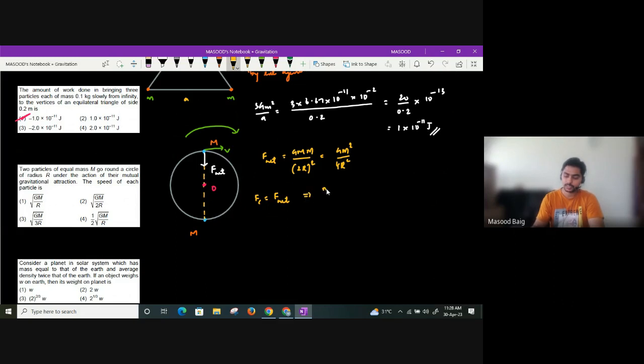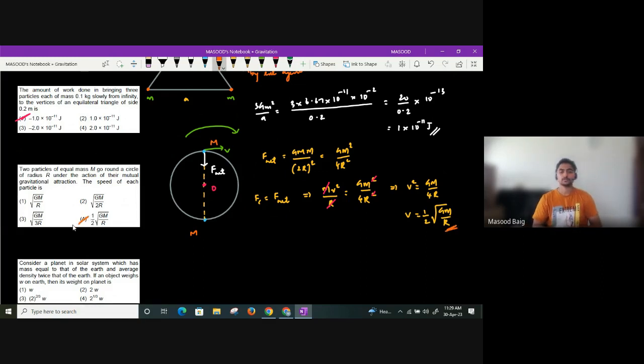Implies I can write m v square, performing circular motion in a circle of radius r, should be equal to Gm square divided by 4r square. I can cancel out m and r. So v square value will be Gm divided by 4r. So I'll get v value as 1 by 2 into root over Gm divided by r. I hope it is clear, all of you.